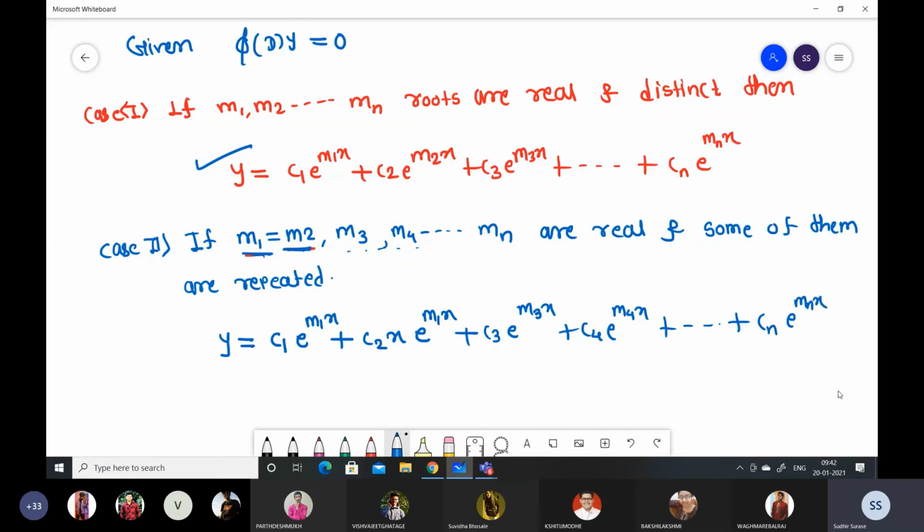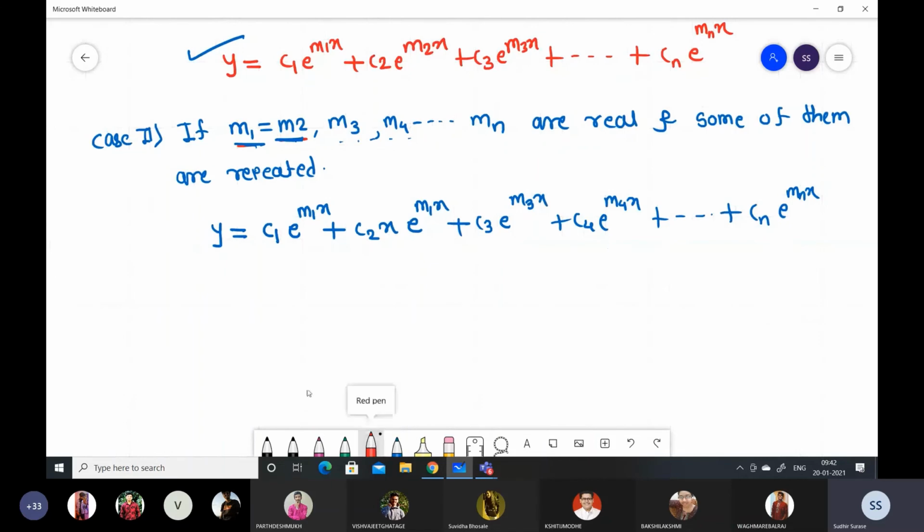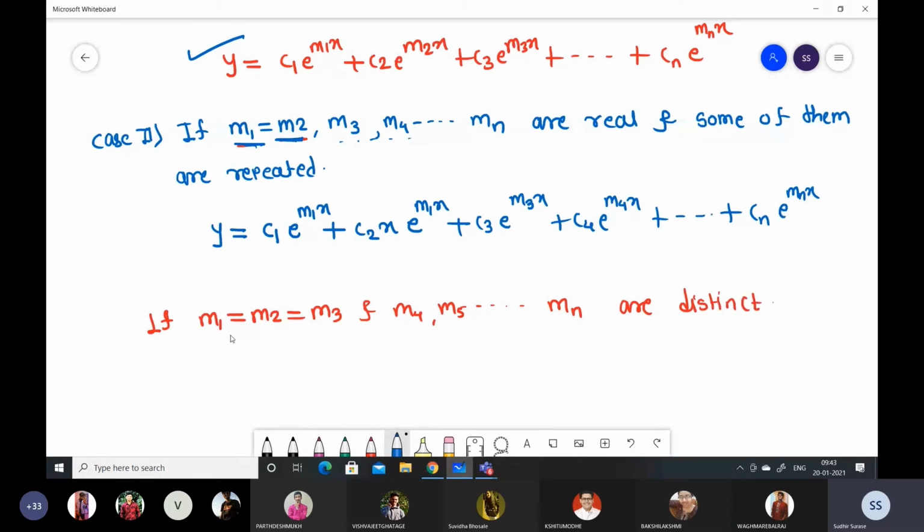Now what about if we have this case? If m1 is equal to m2 is equal to m3, and m4, m5 and the rest of the roots are distinct from each other, and only three roots are repeated, m1, m2, m3, then in that case we write the solution as y is equal to, corresponding to m1, c1 e to the power m1x.